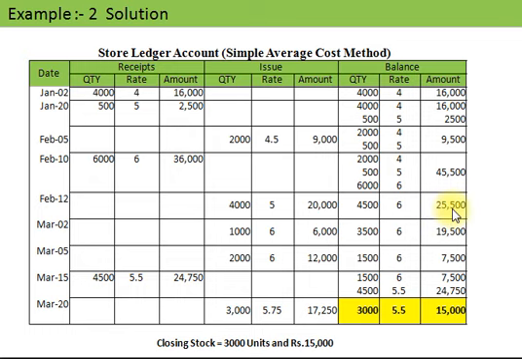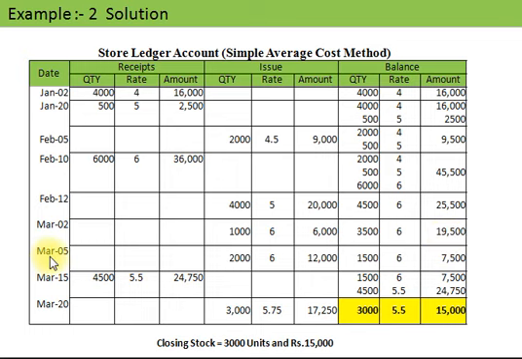Now on 2nd March there is an issue of 1,000 units, and these 1,000 units will be out of 4,500, and our rate will be rupees 6, so amount 6,000, and our closing balance 3,500, rate rupees 6, and amount 25,500 minus 6,000 is equal to 19,500.